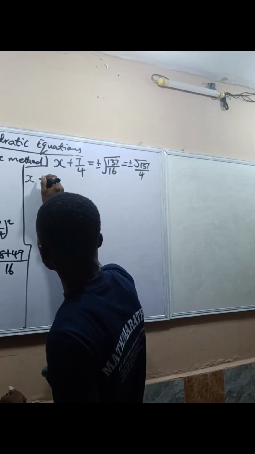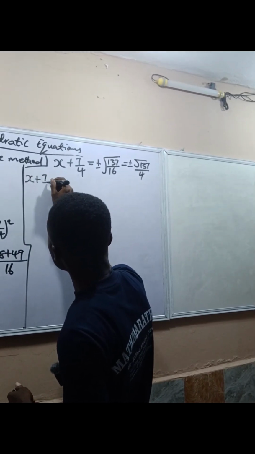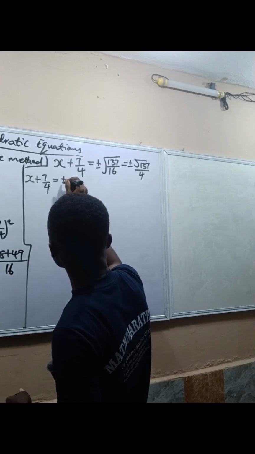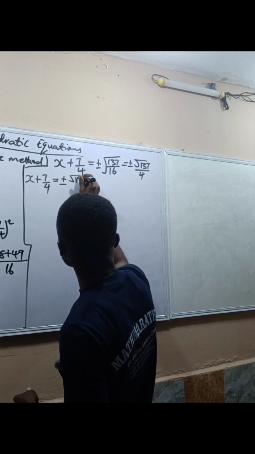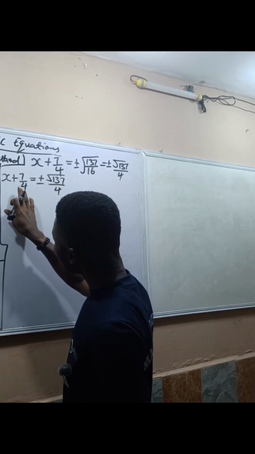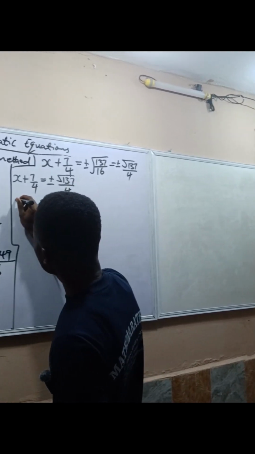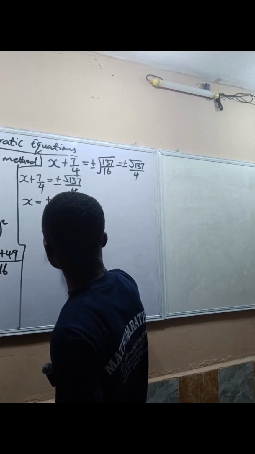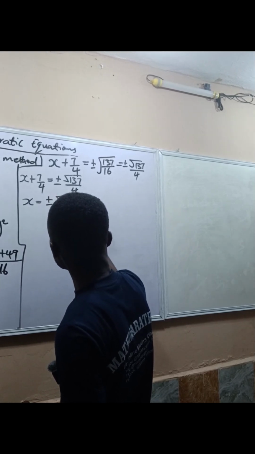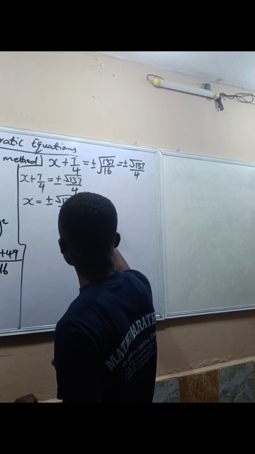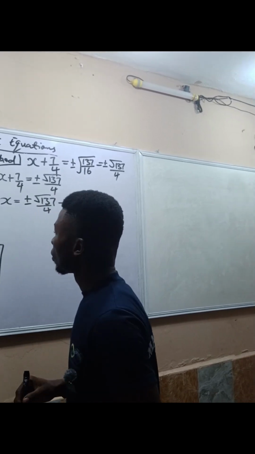So we have x plus 7 over 4 is equal to plus or minus square root of 137 over 4. Now you move this one to the other side. And when we do that, we have x is equal to plus or minus square root of 137 over 4, then minus 7 over 4.